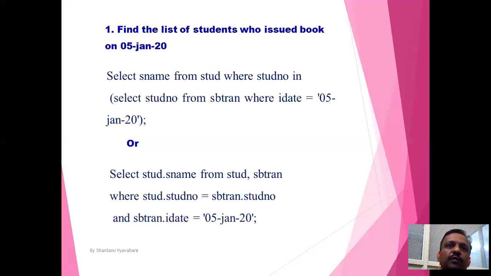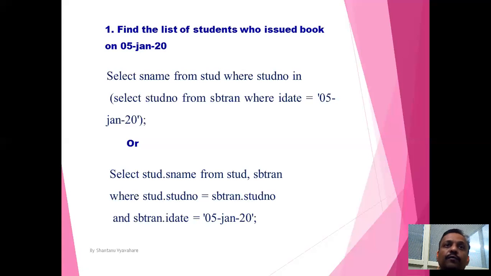After finding those student numbers in SBTran, you have to supply them as an input to the outer query. What is this? Select S name from student where student number in. You have to match the student number with this selected student number. So this student number will get matched with this, and you will get a student name from the student table. So let's see how we can go for that.